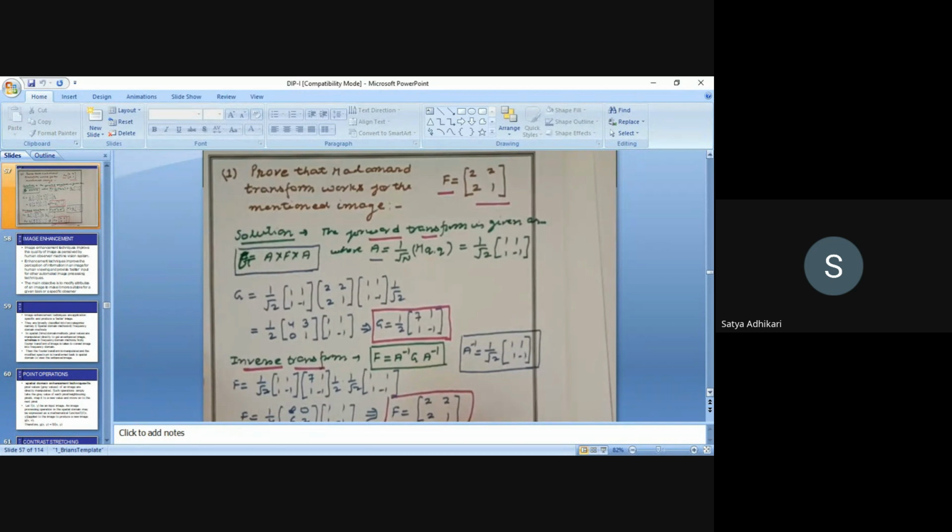So finally we get g is equal to 1 by 2 times 7, 1, 1, minus 1. So this is my transformation. The new gray level values are 7 by 2, 1 by 2, 1 by 2, minus 1 by 2, if we multiply half into each element.